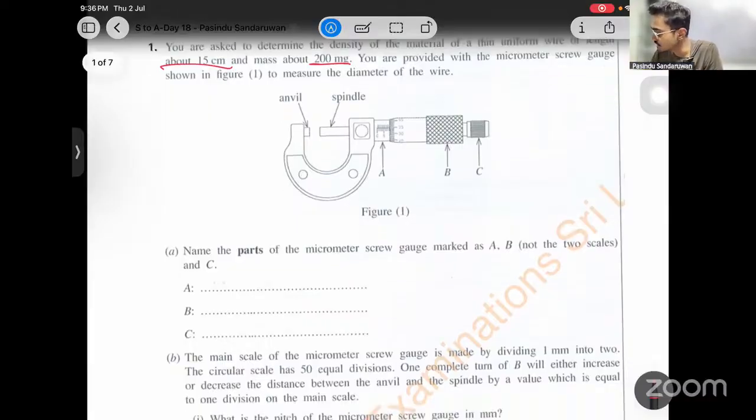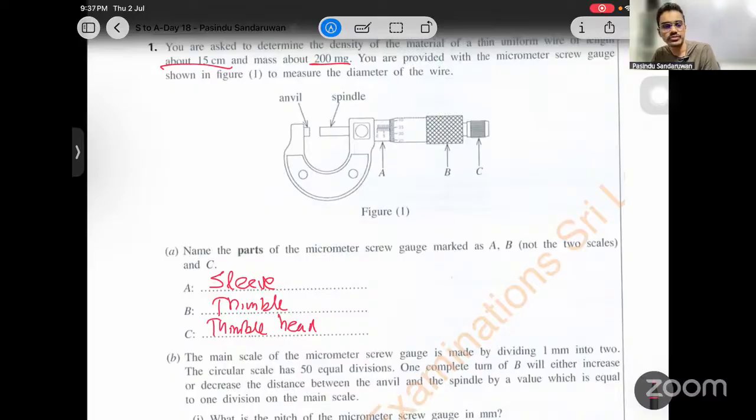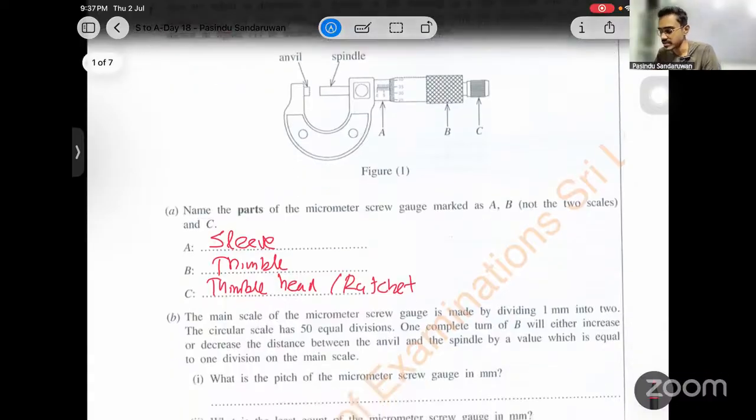A is the sleeve. B is the thimble. And C is the thimble head. The thimble head is also called the ratchet sometimes.